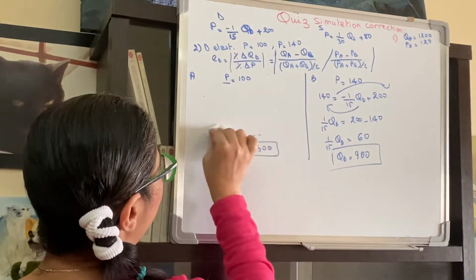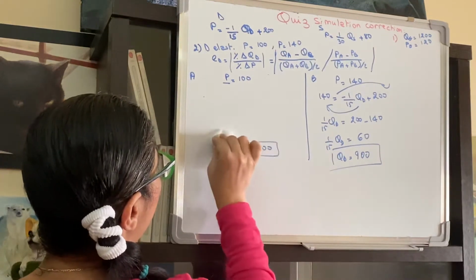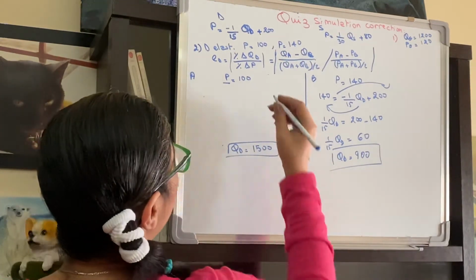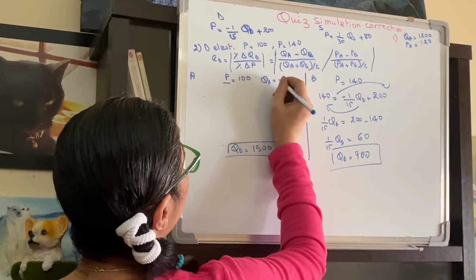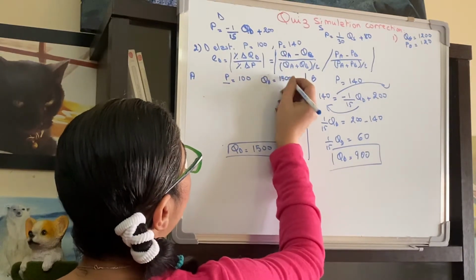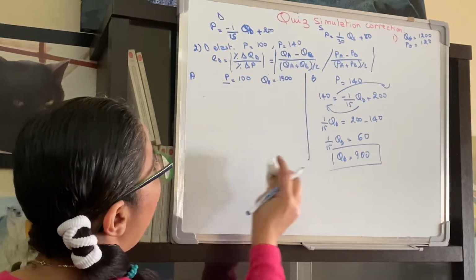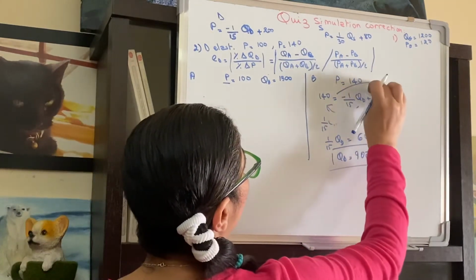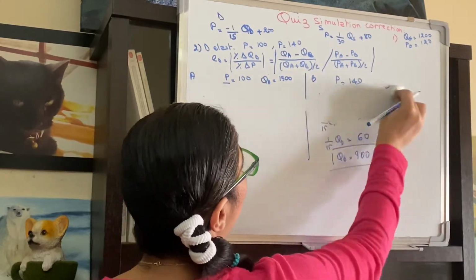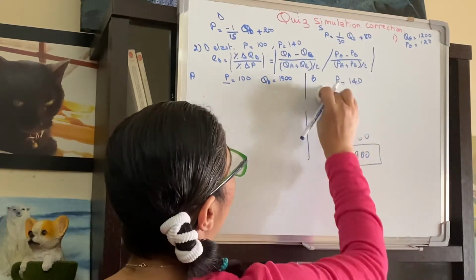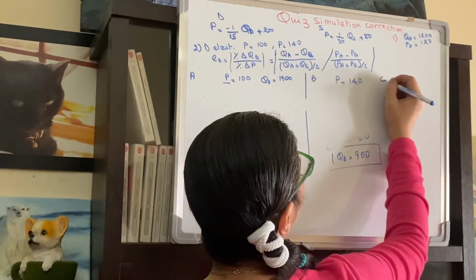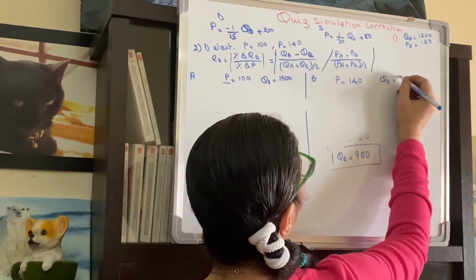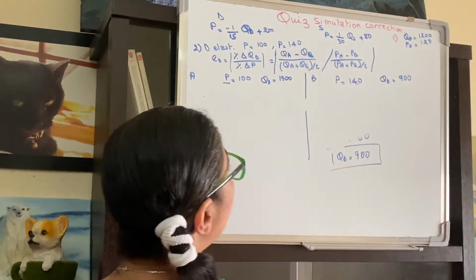Okay, so when the price is 100, my quantity demanded is 1,500. And when the price is 140, my quantity demanded decreases, of course, and it reaches 900. Okay?